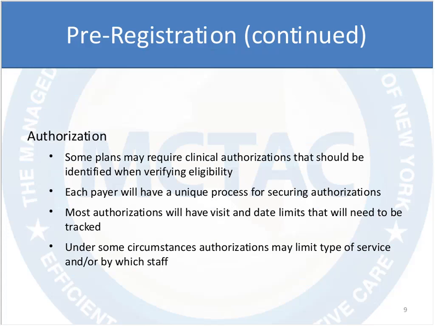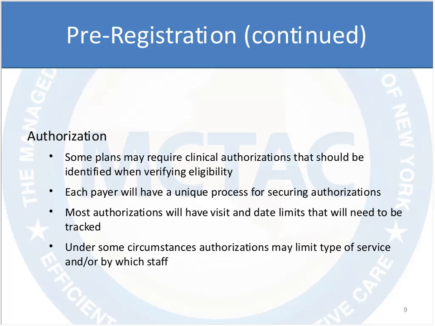And just to be familiar with authorizations, when authorization is required, most authorizations will not only give you how many visits, but they also will give you a time or duration of the authorization, 3 months, 6 months, 2 weeks, whatever it might be. So it has two components: visits and duration.